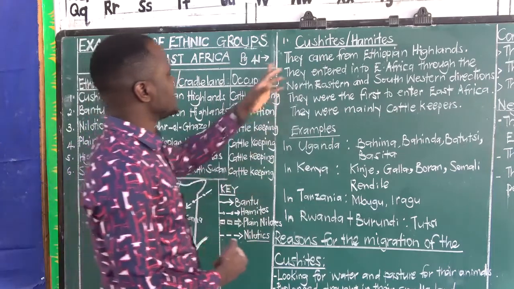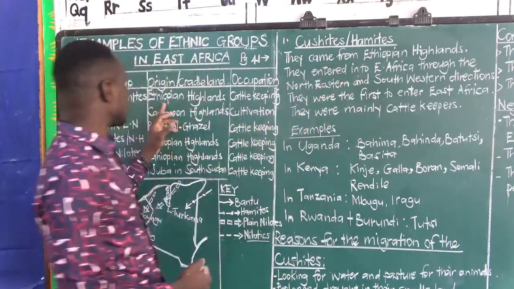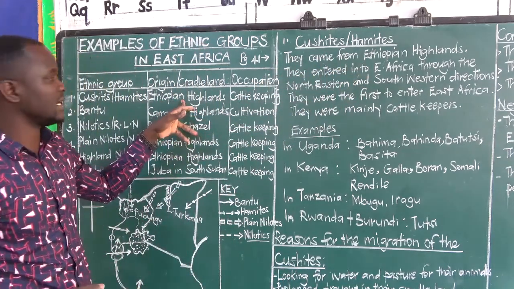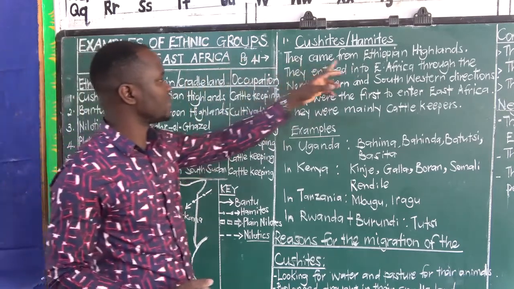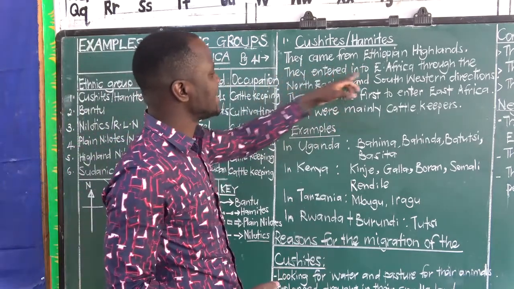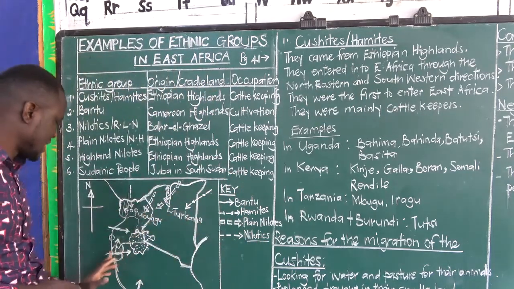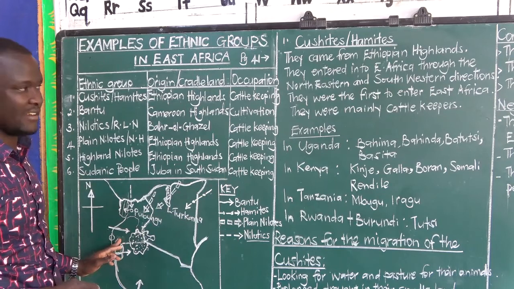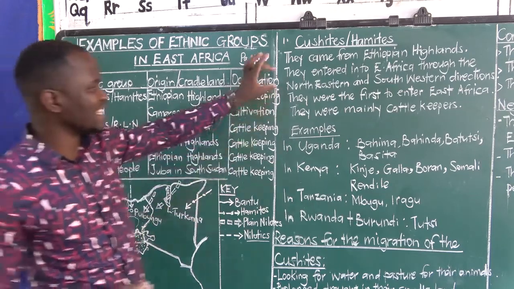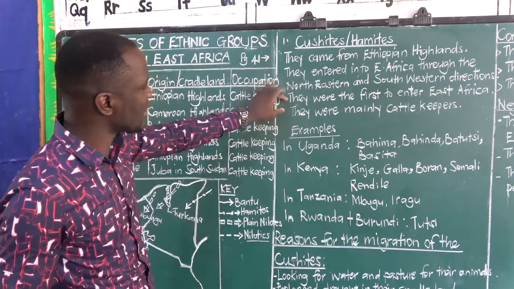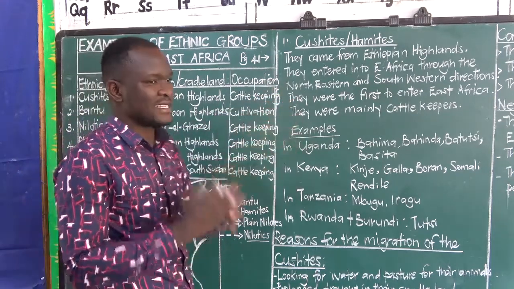So we are saying that these people came from the Ethiopian highlands, as we already talked about here in this table. They entered into East Africa through the northeastern and southwestern directions. That is what we have in our second sentence. Then here we continue saying they were the first to enter.